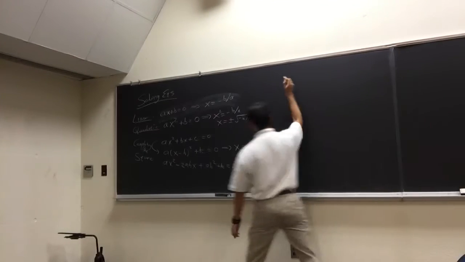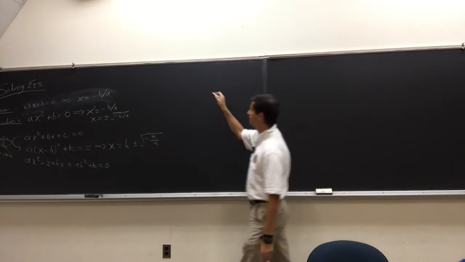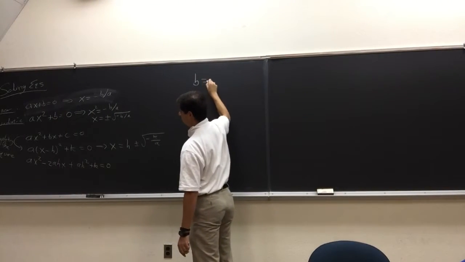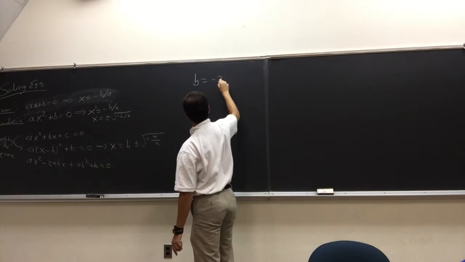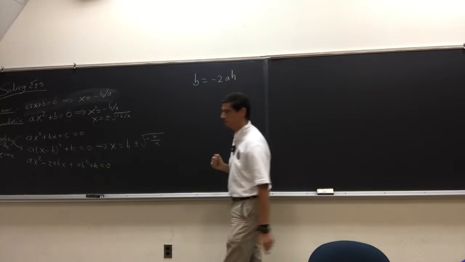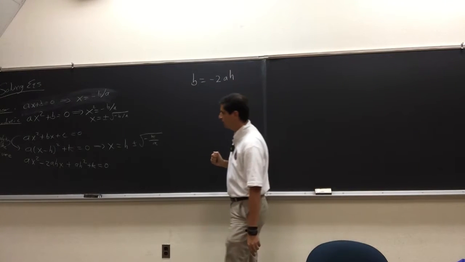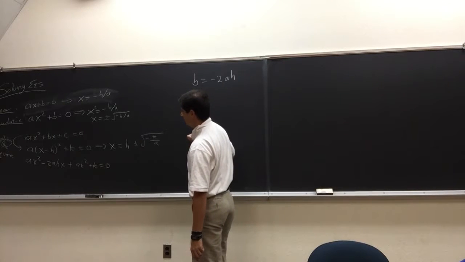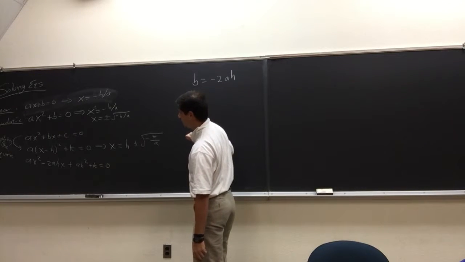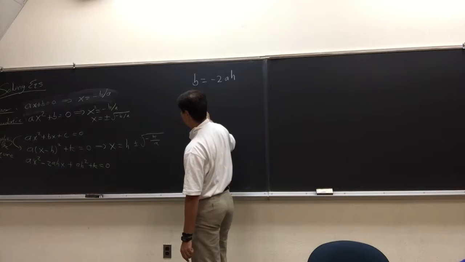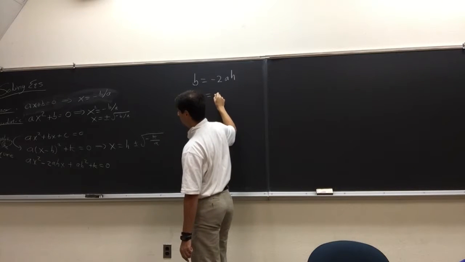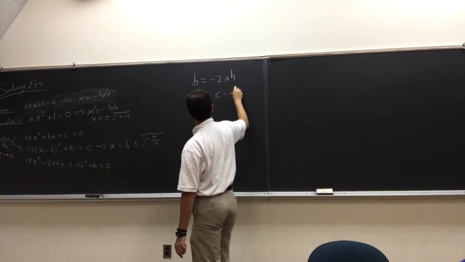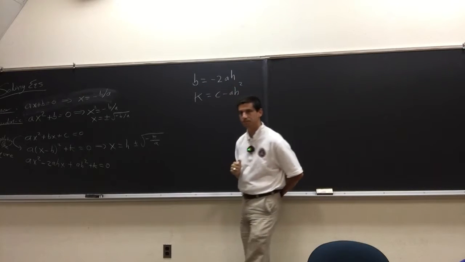So we immediately get that b is equal to negative 2ah. And now we want a h squared plus k to equal c. So then k would equal c minus a h squared.